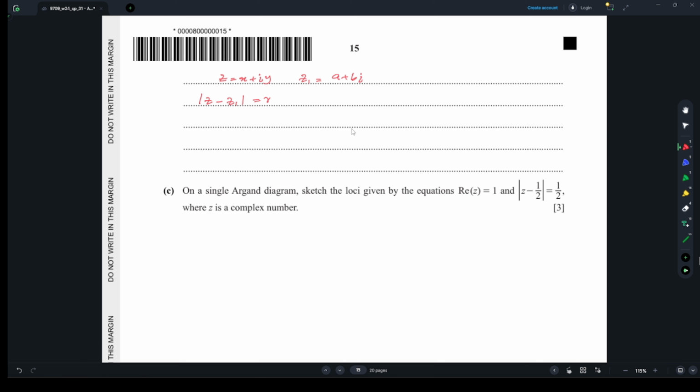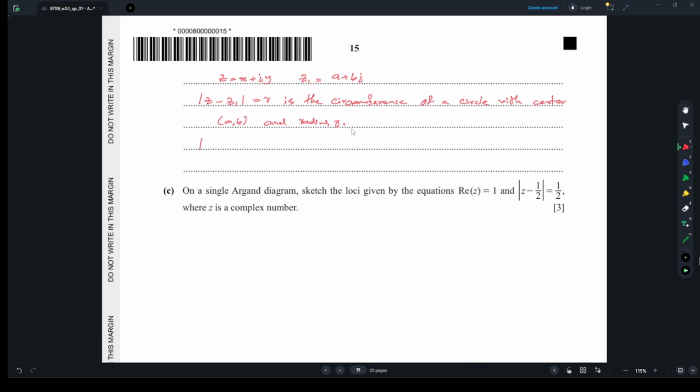So this is the circumference of a circle with center a, comma b, and radius r.